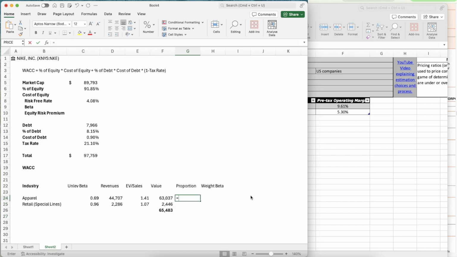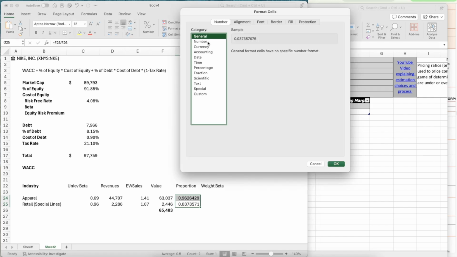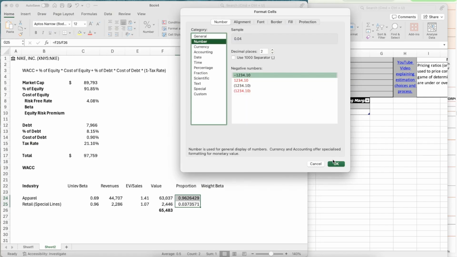Now the proportion, you just go value divided by the total. I didn't lock it in, so just do this. Go to 2 decimal places though.